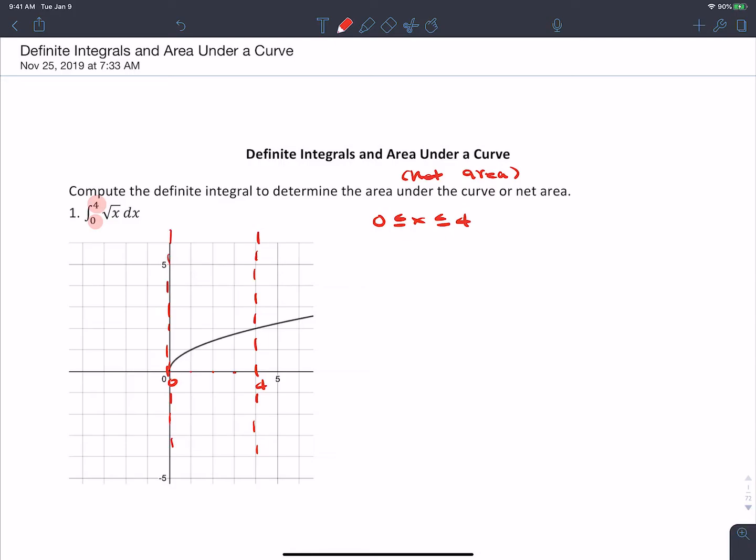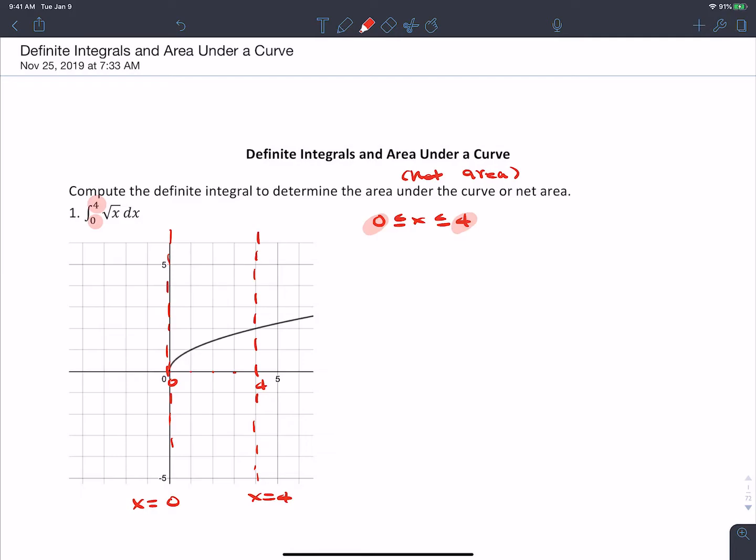So what this means is that this is the vertical line x is 0, and this is the vertical line x is 4 here. So we're trying to find the area under the curve between these two vertical lines. And that's what's meant up here when you say x is 0 and x is 4 by the limits. Okay, if you guys remember some of this. So that's kind of what we're looking for.